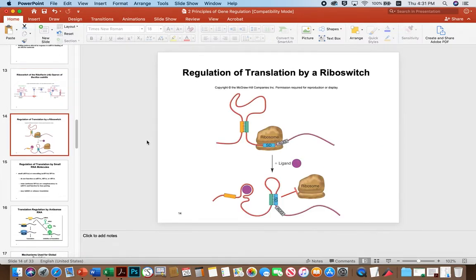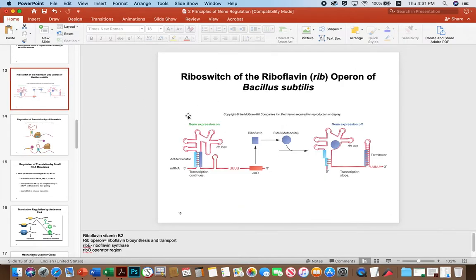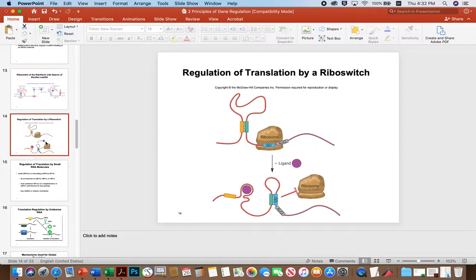Another example of this type of riboswitching occurs at the level of translation. I should point out that the previous one is more at the level of transcription, right? You're dictating whether transcription starts or stops. In this particular case, it's at the level of translation. So the messenger RNA has been made, the Shine-Dalgarno, our ribosome binding site, is available, the ribosome assembles on it, here's our start codon, and then a protein can be made.